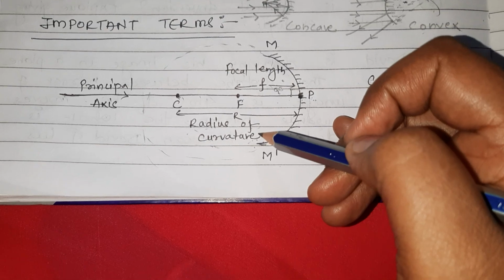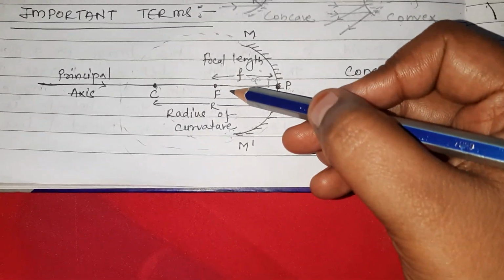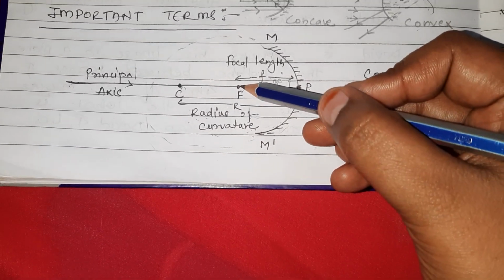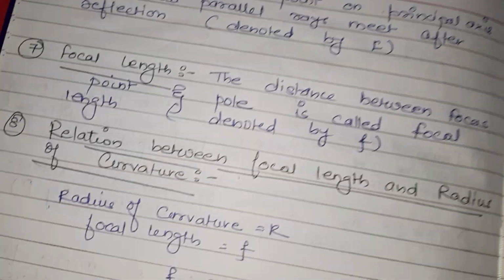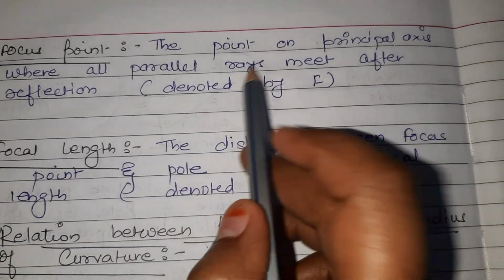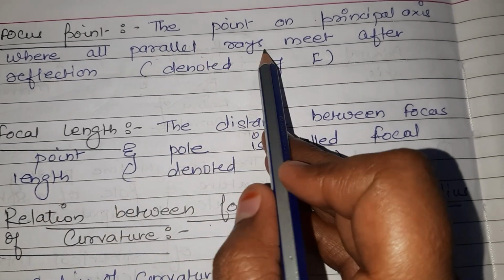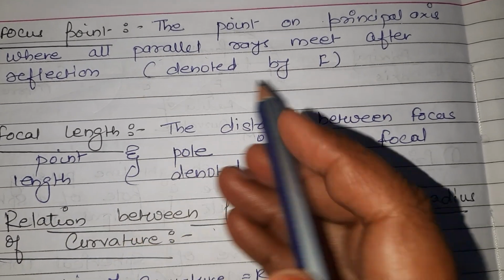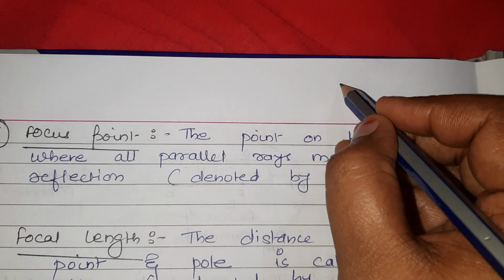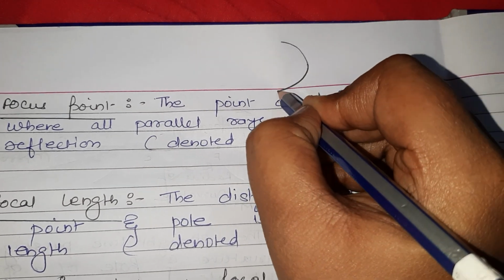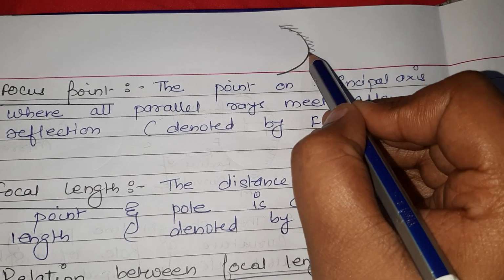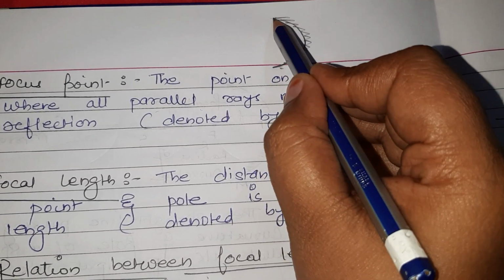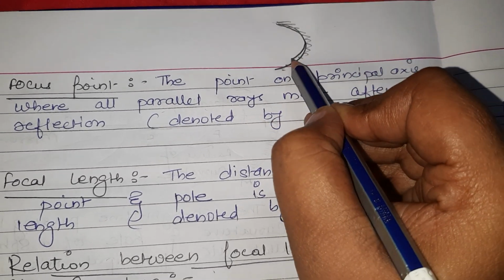After that, we will learn about what you mean by focus point. The focus point is the point on the principal axis where all parallel rays meet after reflection. This is the concave mirror, right? This is the reflecting part.